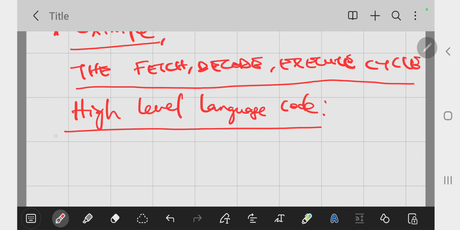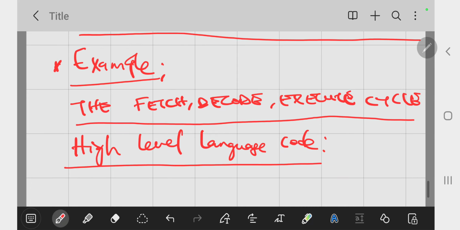When we say high, it means it is much closer to the understanding of humans than it is to the understanding of computers. Remember, computers do not understand human language, but what they speak is binary language. This is something you need to understand. So computers understand binary language and not human language.